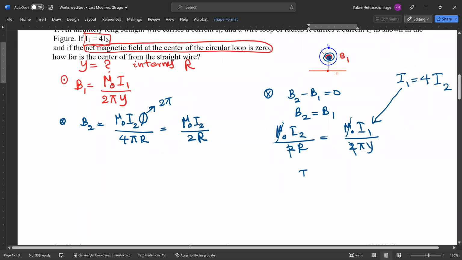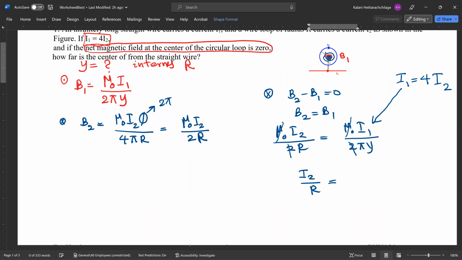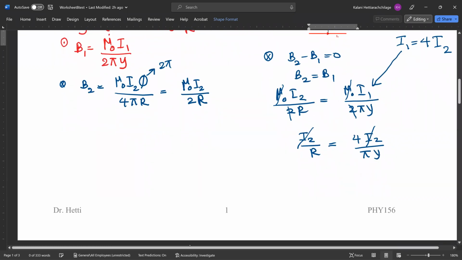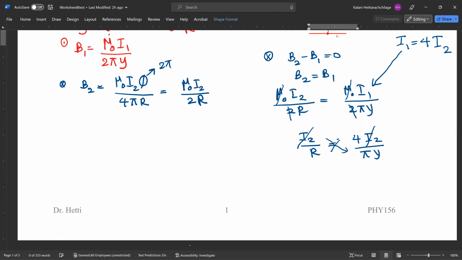We have I2 over r on the left side, and on the right side I have I1, that is 4 I2, over pi and y. Then I2 will cancel out. Finally, I can write y as a function of r. Do the cross multiplication and solve for y, which will be 4r over pi.